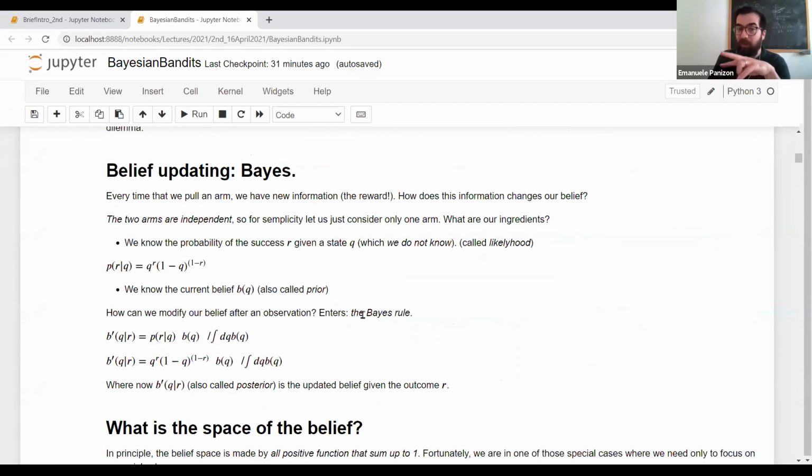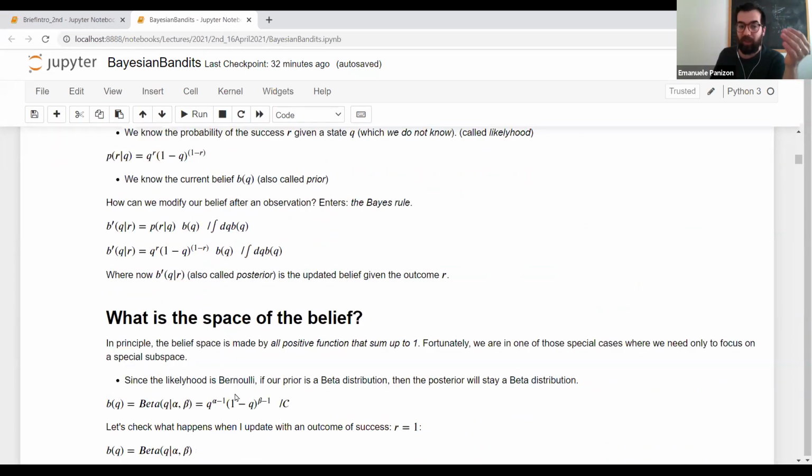The first is that I put myself in a beta distribution at the beginning. The second is that if you start in a beta distribution and do an update, you still end up in a beta distribution, for the simple reason that a beta distribution is structurally the same as the likelihood.